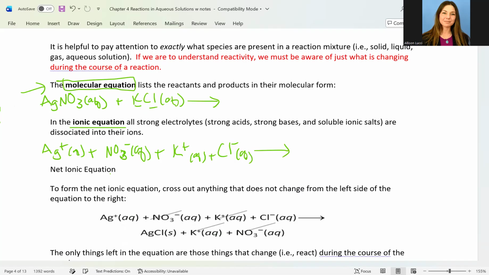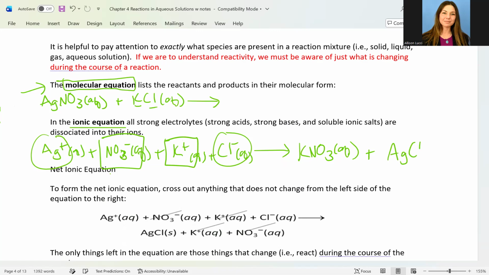If I was to crisscross these ions, I would pair the silver with the chloride and the nitrate with the potassium. After I double check my list above, I would see that potassium nitrate will remain aqueous. And then when I combine silver and chloride together, I would end up with a precipitate.